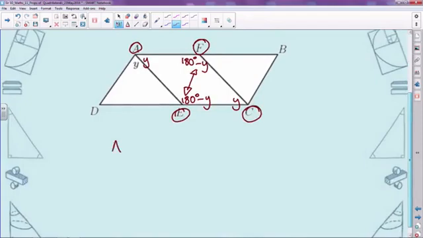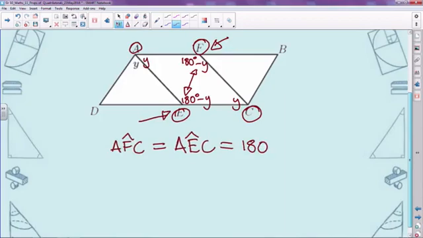We would say AFC, which is that angle, equals AEC, which is that angle, equals 180 degrees minus y. And why are they equal?